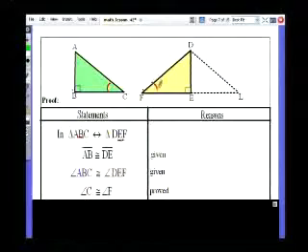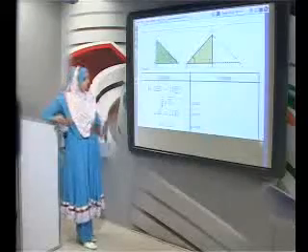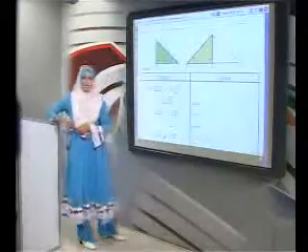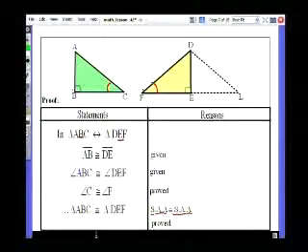Angle C is congruent to angle F. This we have just proved: a side and two angles. जो कि हमने आपसे स्टार्ट में बात करी थी कि दो angles और एक side भी congruent है किसी एक triangle की, उसके corresponding sides और angle दूसरे triangle के अगर दोनों congruent हैं, then the triangles will be congruent. SAA: a side and two angles of one triangle are congruent to the corresponding side and two angles of the other triangle, then the triangles are congruent. This is what we had to prove and this is what we have just proved.